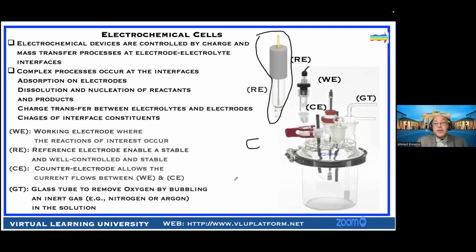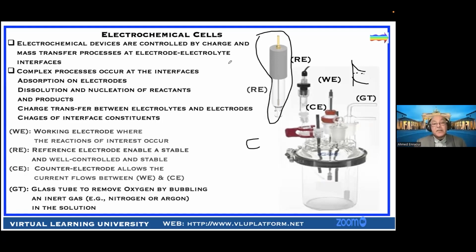When you illuminate your semiconductor, for example, your working electrode is a semiconductor. Like I showed you before, you have a semiconductor with band bending when it is in contact with the electrolyte, and your Fermi level here, or you apply a potential.